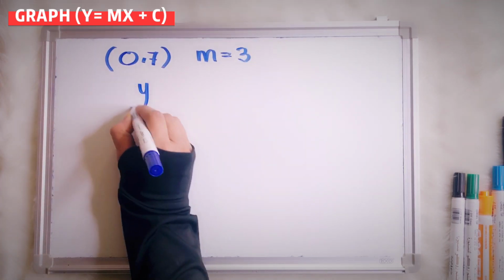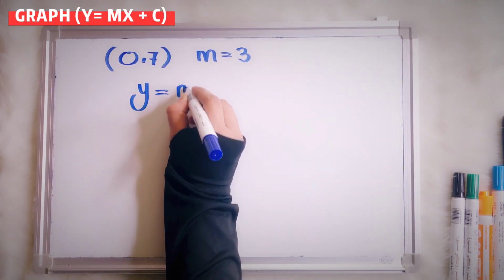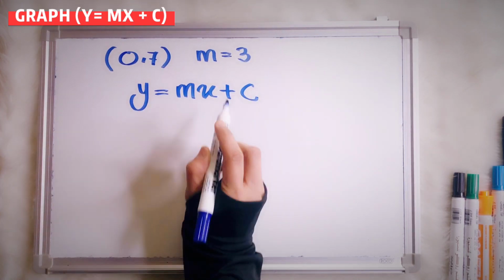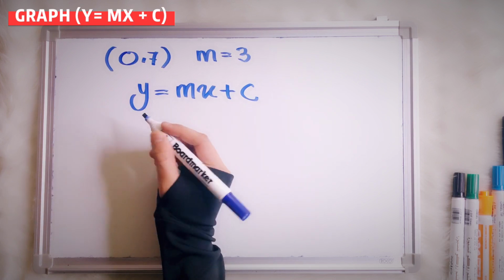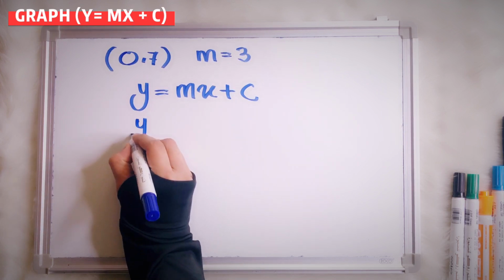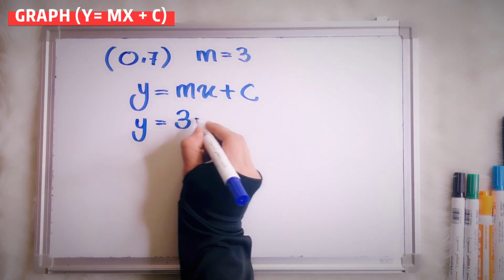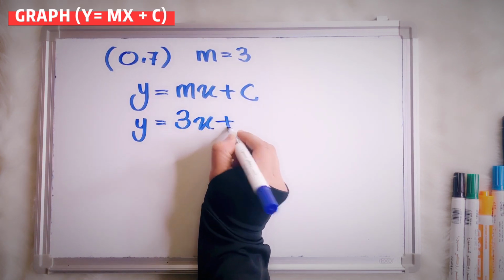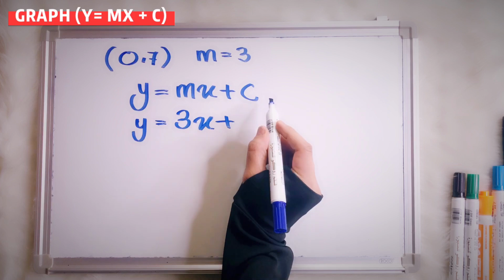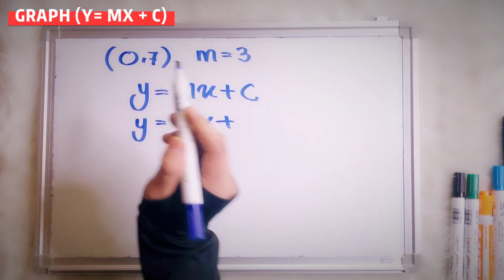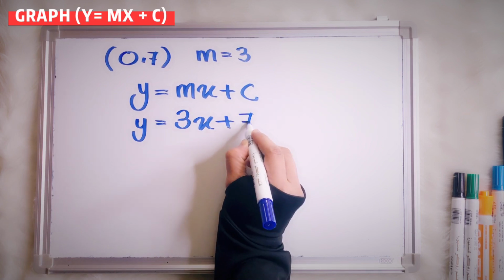Our formula here is y equals mx plus c. Okay, m equals 3. So we put the m value first: y equals 3x plus c. So c is for the y, correct? So you put 7.